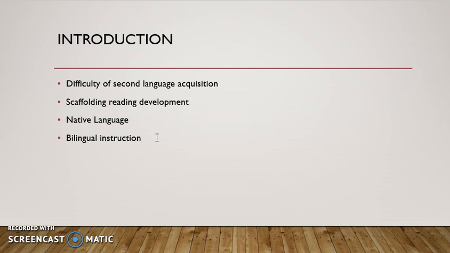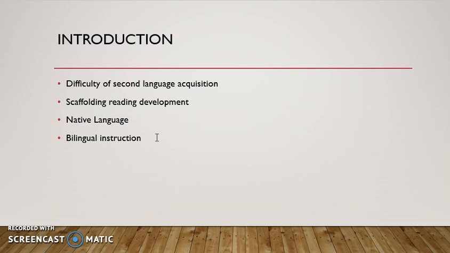Scaffolding reading development is something that we learn about all the time. Even when you think about native English speaking students, when you create lessons and implement strategies, you are always looking at how to scaffold their learning so that they have access to the content.